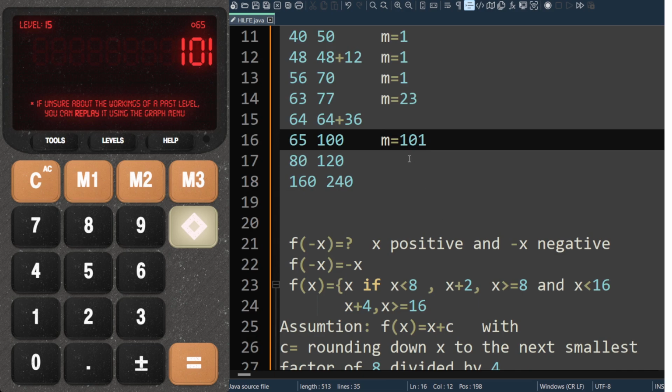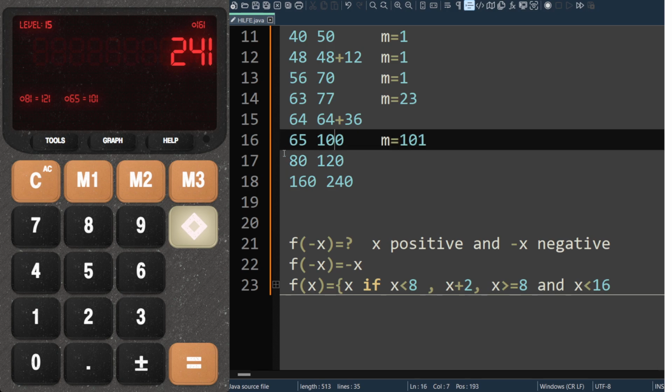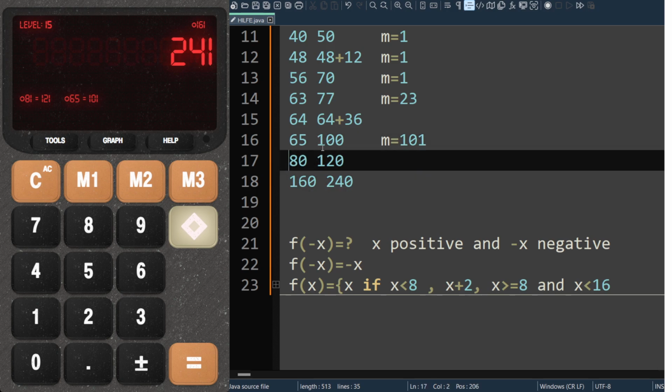It's nothing too big. Let's check out, just in case, the numbers around 80. 81 should be 121, yeah, and 161 should be 241, okay. So the secret lies in between those little increases, from one number, if rounded down, to a multiple of 8.